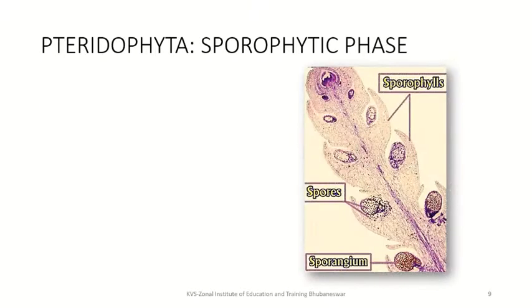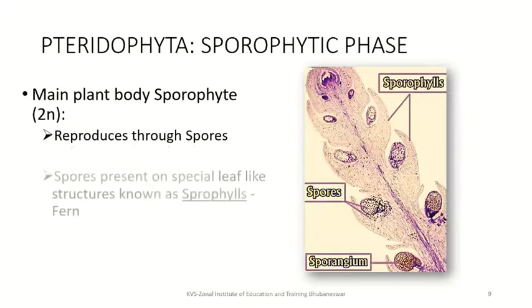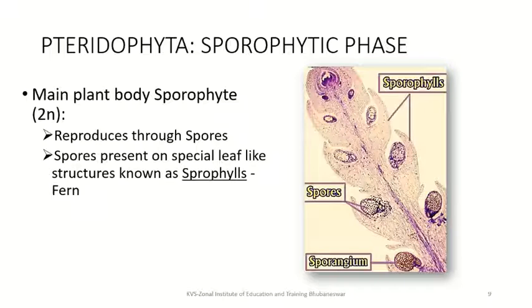Now we just studied that the sporophytic phase is the dominant phase in the life cycle of pteridophyte. So the main plant body is sporophyte, which is diploid, 2n. It reproduces through spores, and these spores are present on special leaf-like structures known as sporophylls. You just saw the image of fern.